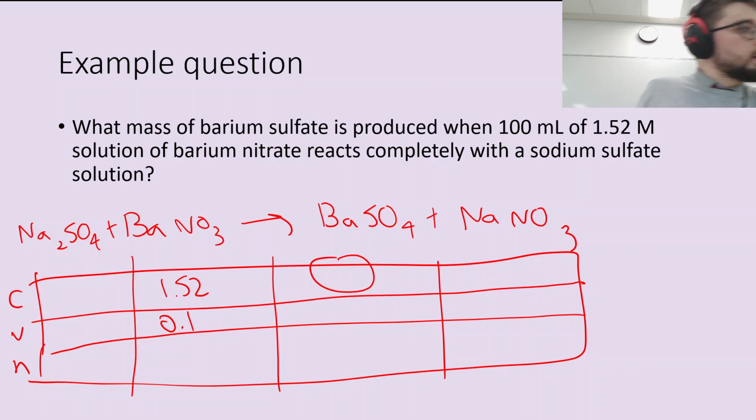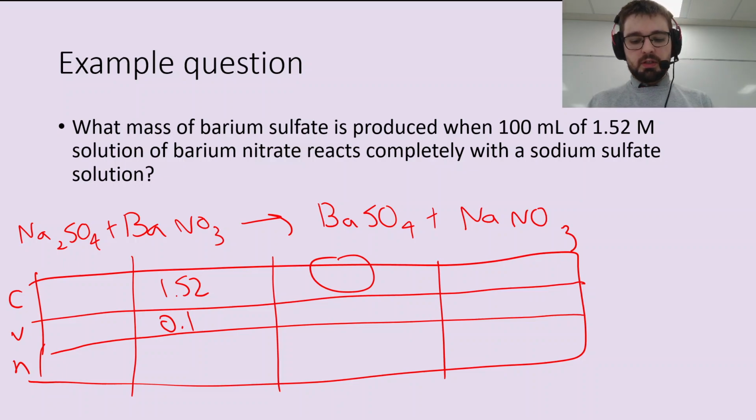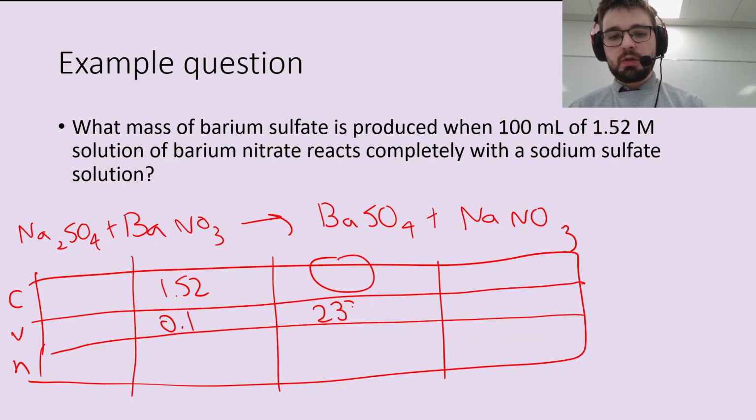And I'm going to grab a data book quickly, because I don't remember barium off the top of my head. 137.3. So barium is 137.3, sulfur is 32.1, and oxygen is 16, so that's 64. So overall this is going to be 233.4 grams per mole.